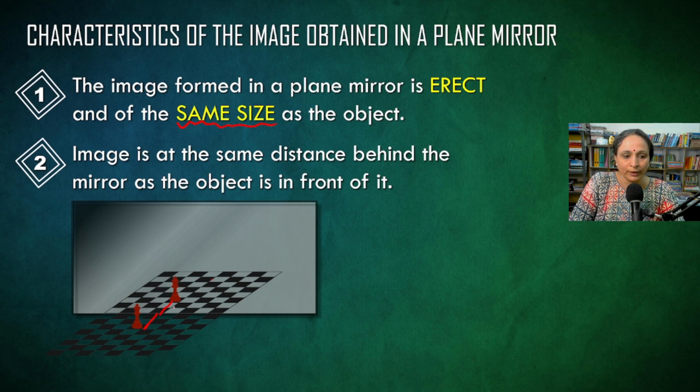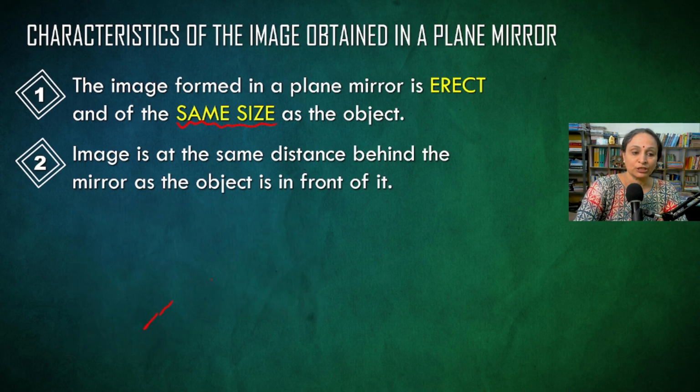So 1, 2, 3, and here also it is 1, 2, 3. Object distance is equal to image distance. This is the second characteristic of the image formed in a plane mirror.